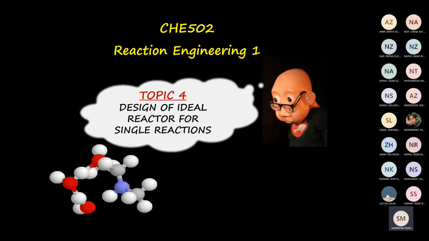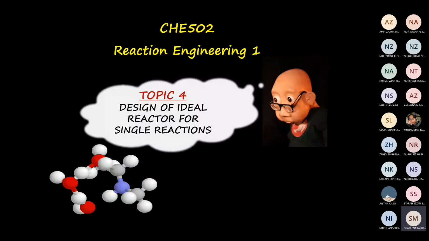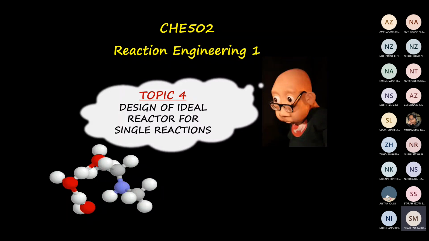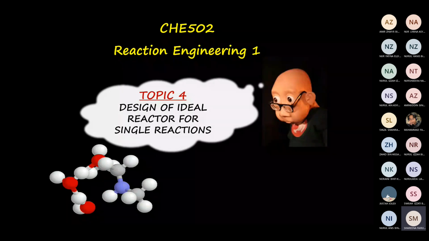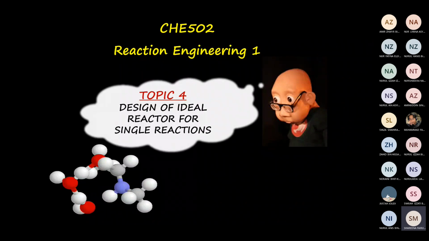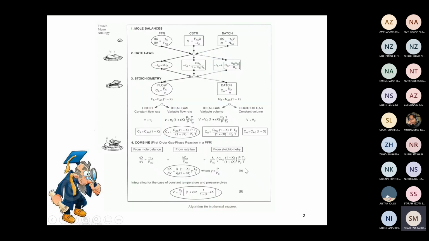Alright, good. Okay, so topic number 4 is about design of ideal reactors for single reaction. You will use some of the subtopics from the previous topic, which is stoichiometry and mole balance, and apply them to this topic. This looks like a mind map.